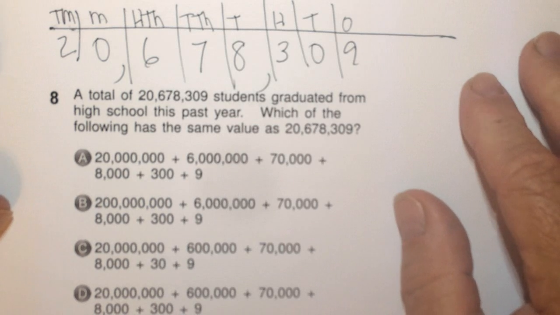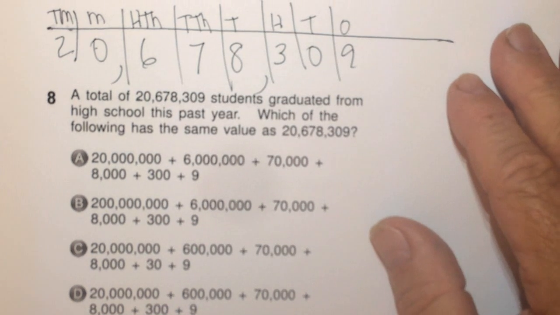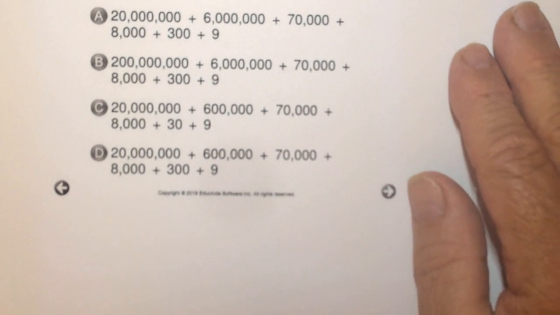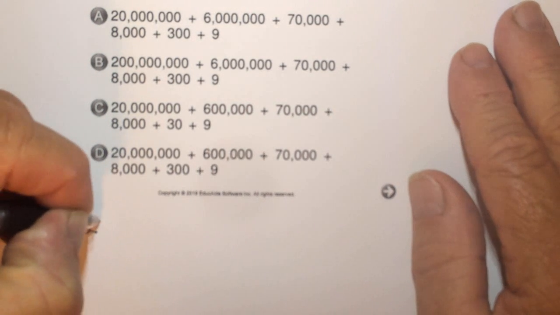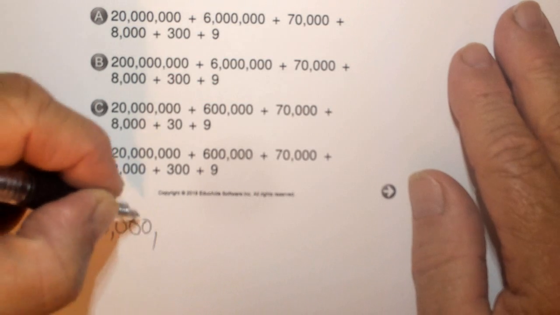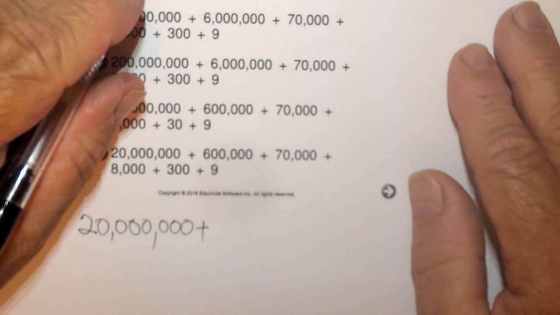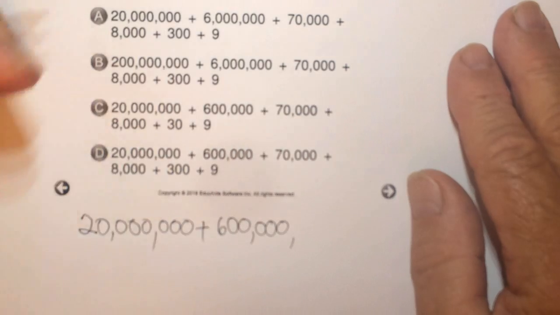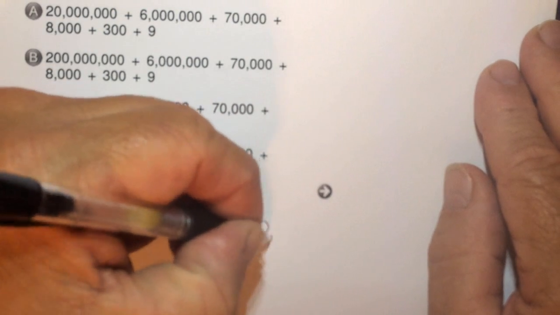Now, what I'm going to do is make expanded form off of this number. I'm going to go down, so you won't be able to see it, but I'm going to make it. So I had two 10 millions. All right, so that's 20 million. Plus, no millions, but I have 600,000. I have 7 10,000s, which is 70,000.